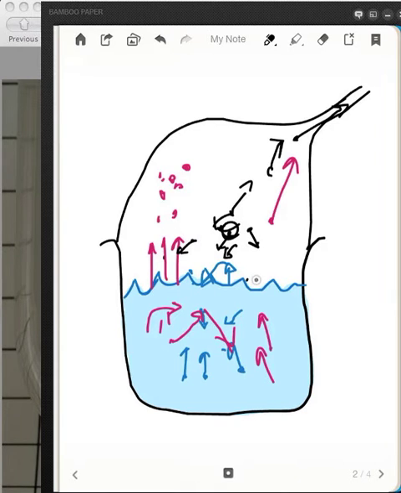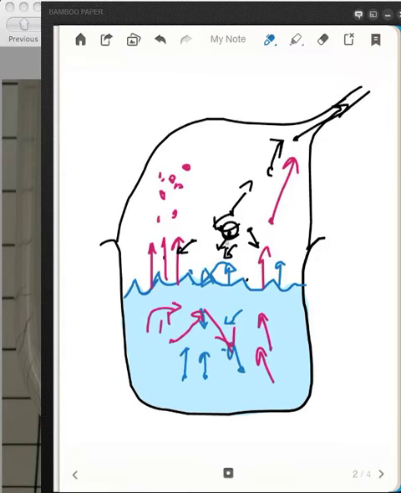So that makes it easier for the fast-moving particles to escape, and some of the slower-moving particles will also escape, but still more of the fast ones will escape. And so you're doing the same thing as before. You're cooling, except now it's just easier because there's nothing in the way. So they escape, and it cools quicker, and so you can cool down the liquid nitrogen, and it can become solid nitrogen.